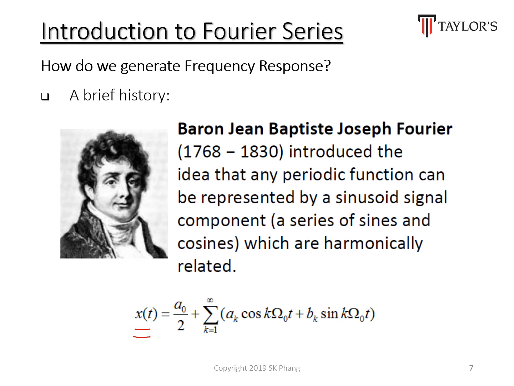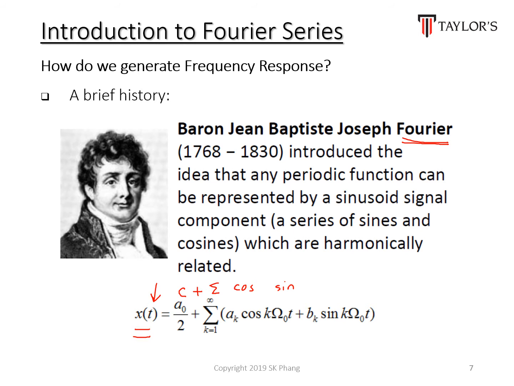This person named Fourier found that any time domain signal can be represented by a constant plus the summation of many cosine and sine signals, and these cosine and sine signals have different frequencies.